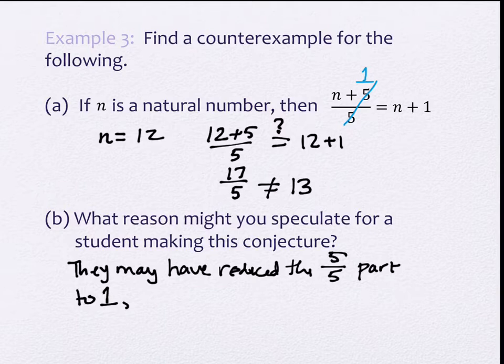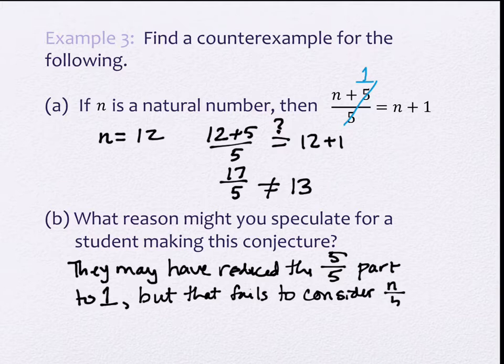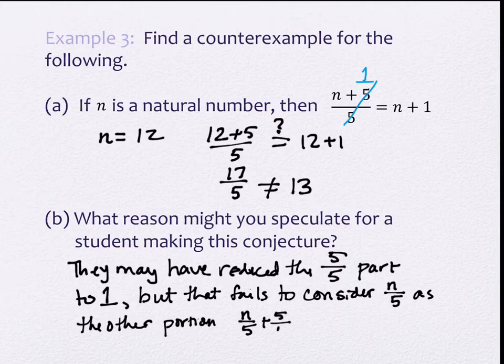The issue is, of course, why this doesn't work, but that fails to consider n divided by 5 as the other portion. Right, so this is really n over 5 plus 5 over 5. And the student forgot that both the n and the 5, I think this is at least likely what happened, forgot that the n and the 5 are both divided by 5.